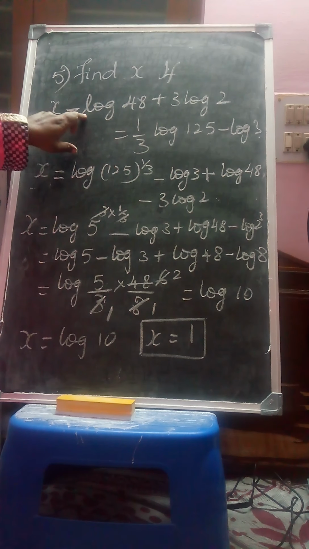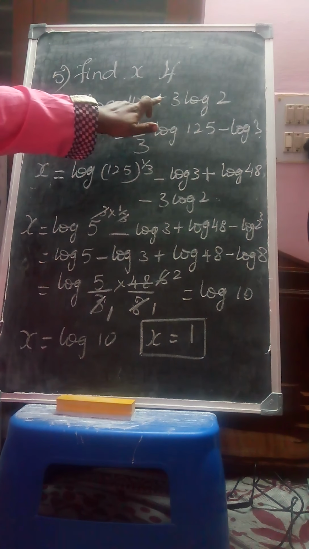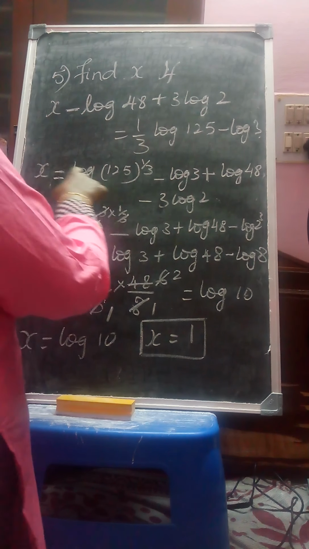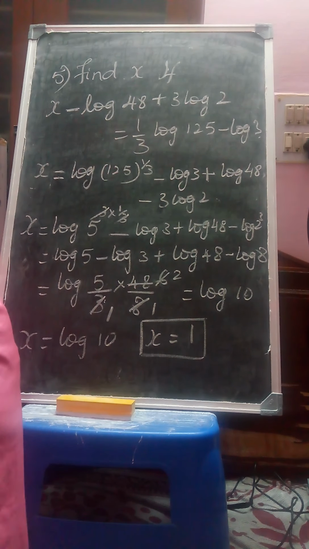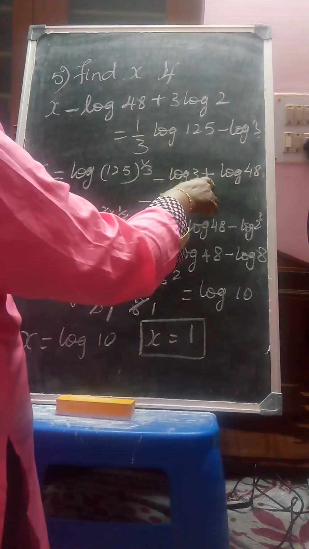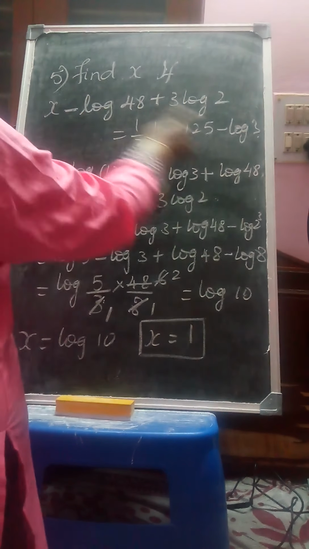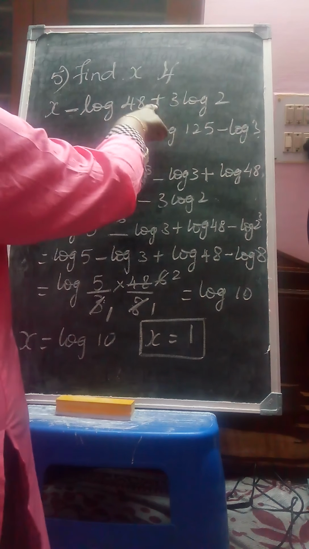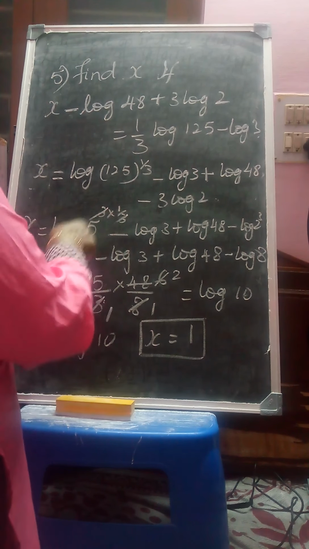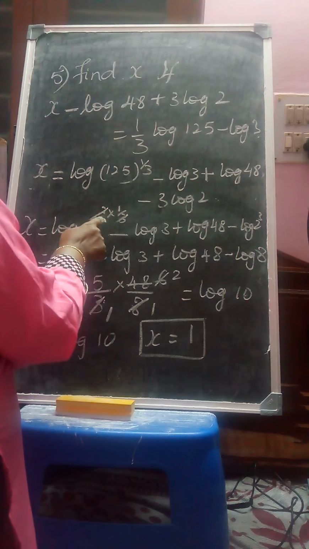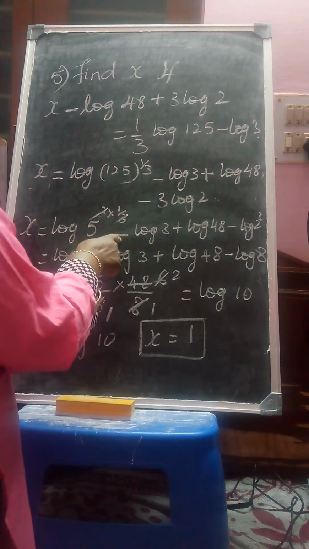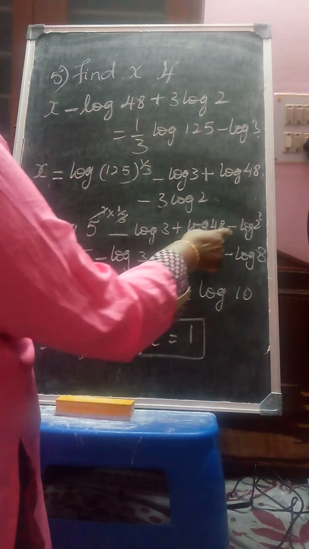See, I have taken minus log 48 that side, plus 3 log 2 that side. So it will be 1 by 3. 1 by 3 I have taken it as a power, plus here minus log 3, plus this minus 48 has come plus 48, plus 3 log 2 will become minus 3 log 2. So here 125 is 5 cube. Cube and 3 get cancelled. So log 5 minus log 3 plus log 48 minus.